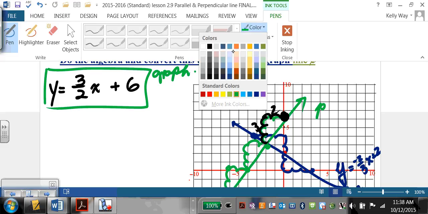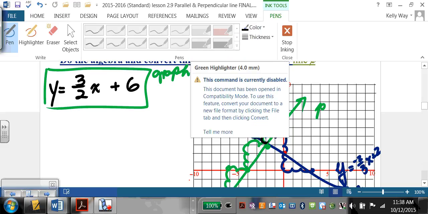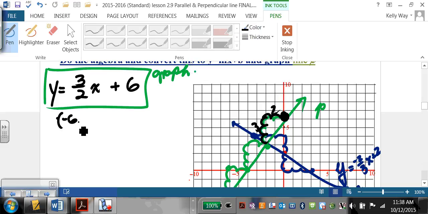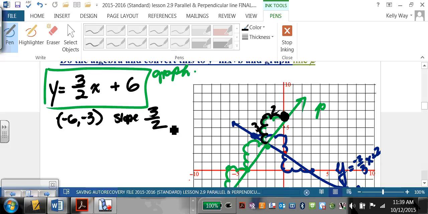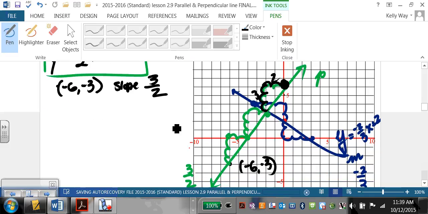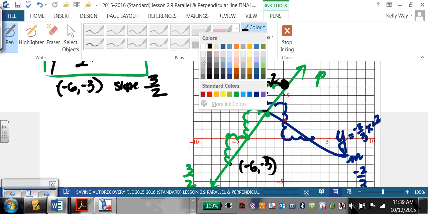Okay, now algebraically, we have a point negative 6, negative 2. The desired slope is 3 over 2. So this is a point and a slope. Say point slope. So to do this algebraically, we use the point.